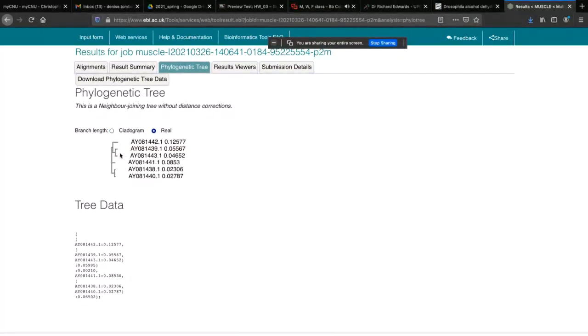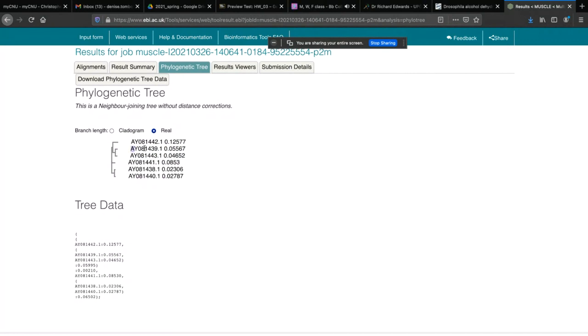And these guys, the length might be difficult to see, but this is a little longer than that. And there's some information here that corroborates that. And so the branching pattern is still the same as the cladogram. The difference is that the lengths do carry meaning.